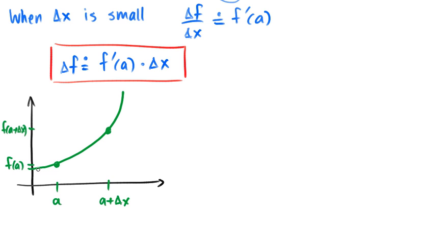The derivative, the tangent slope, would look something like this. So this value here is delta x, and this value here, using the derivative, is f prime a times delta x. That's my approximation.